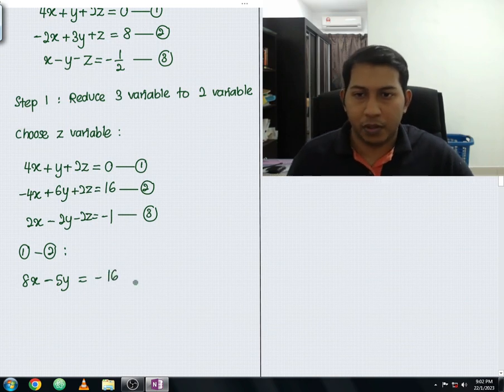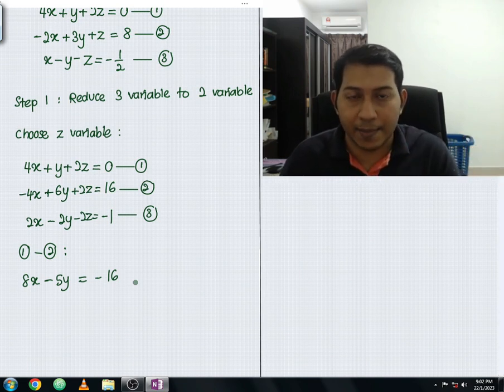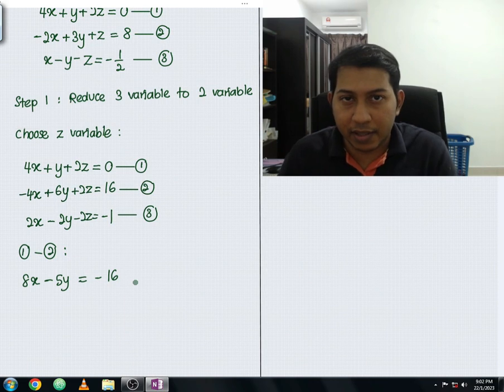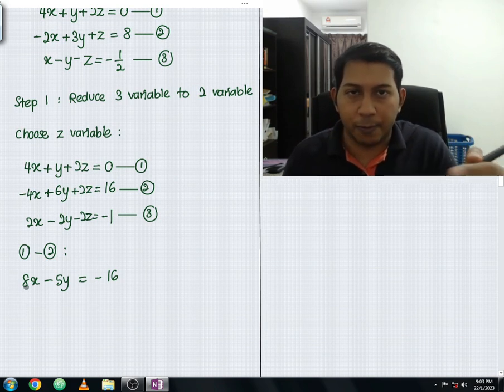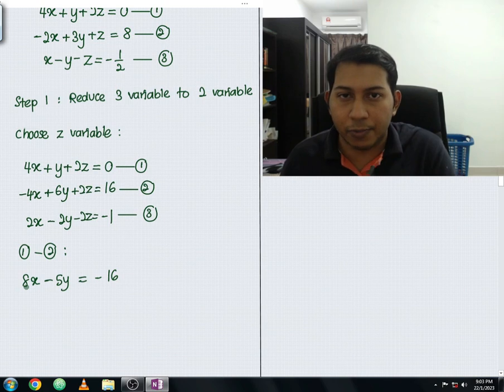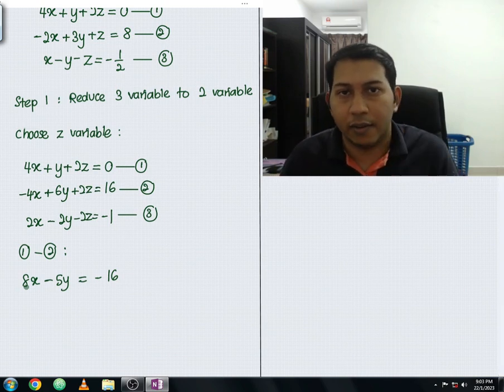Remember guys, in order for us to reduce the 3 variables to 2 variables, you need 2 workings. Remember, 3 variables, 3 equations, to get 2 variables you need another one more equation. Now we have already got the first equation, so we need the second equation. Only then can we proceed to the next step by reducing from 2 variables to one single variable.